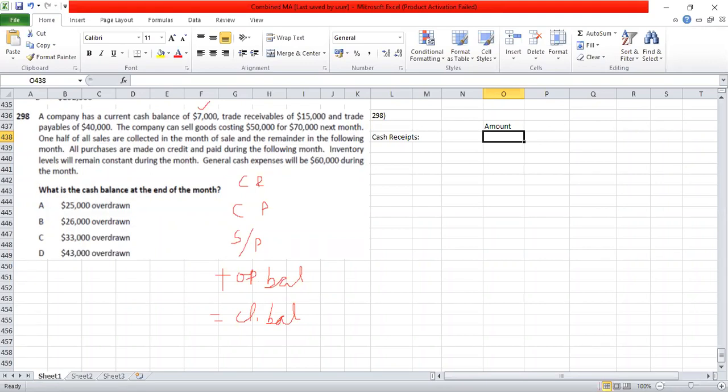So we see there are two cash receipts. One is about current month sales.